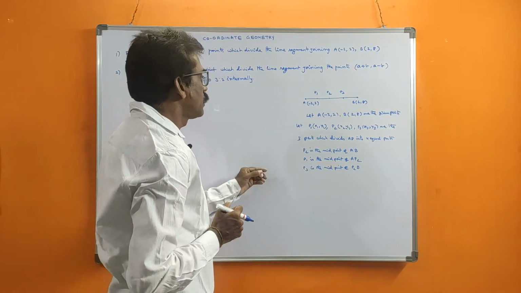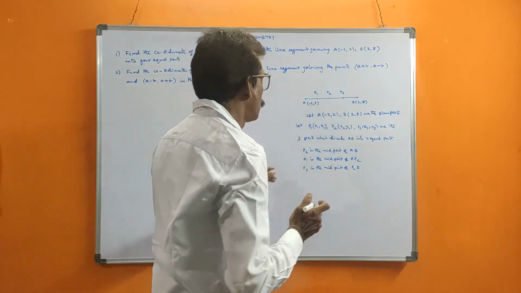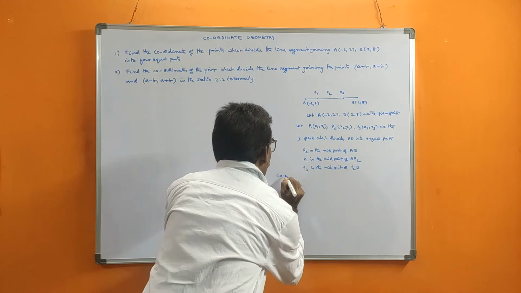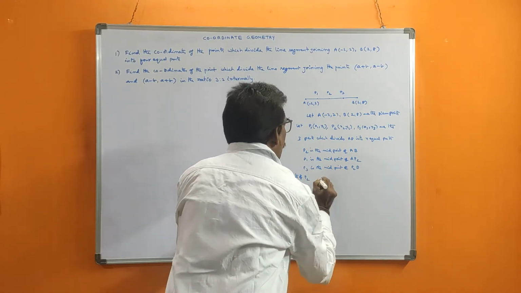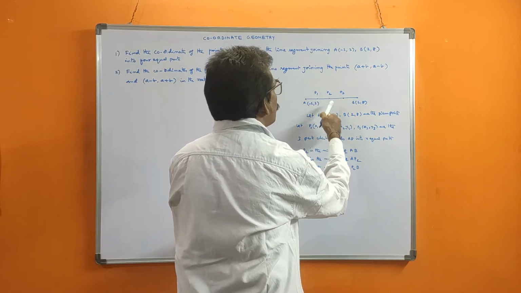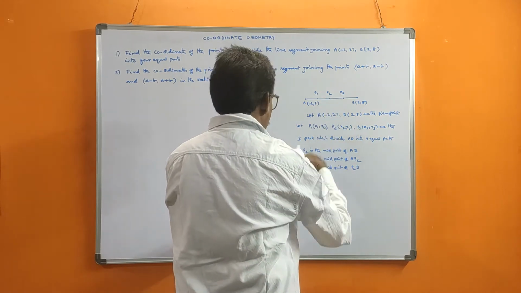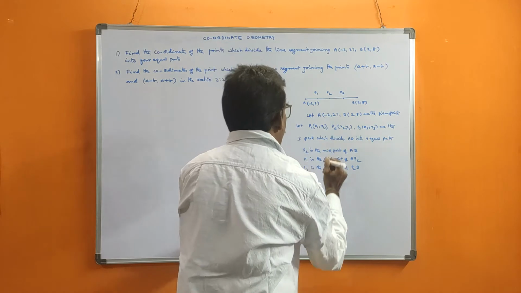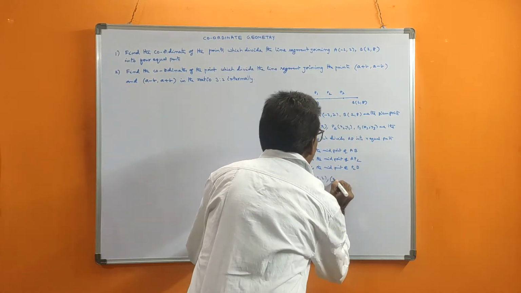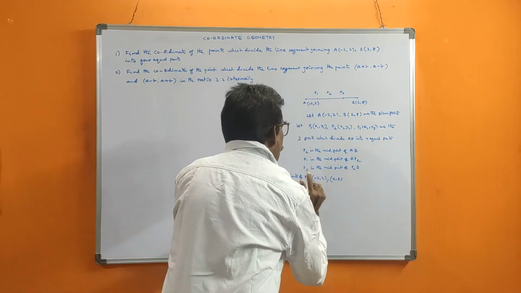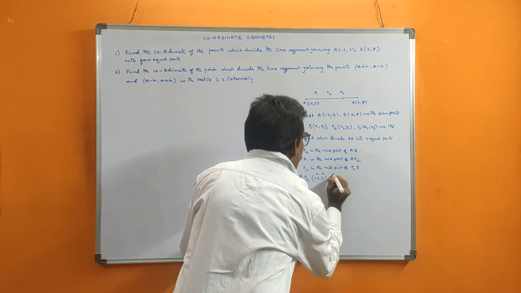Now first calculate the coordinates of P2. For which points is it the midpoint? (-2, 2) and (2, 8). So x1, y1, x2, y2.